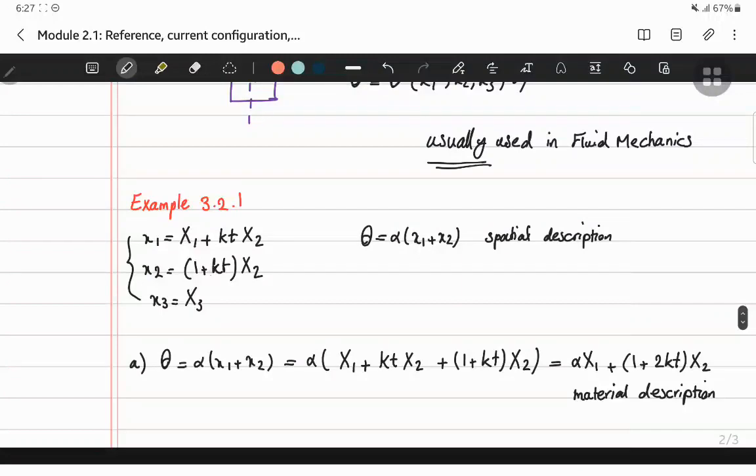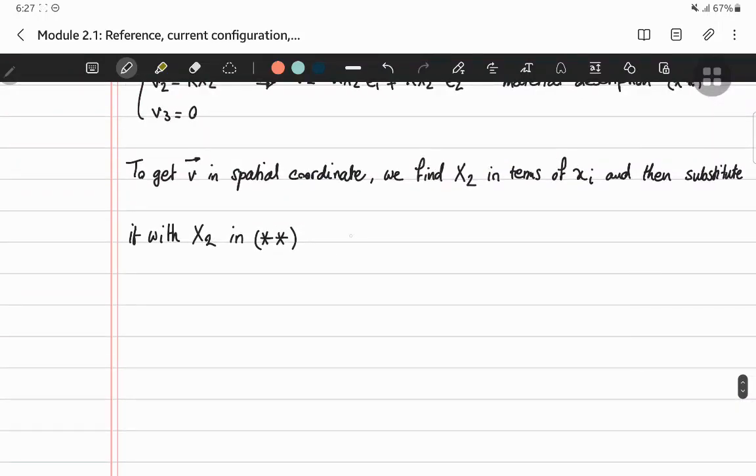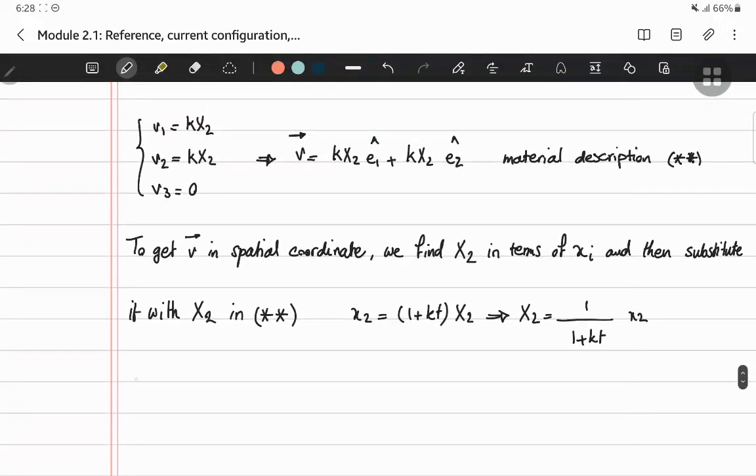So from here, we can calculate capital X2. So it is x2 equal to 1 plus kt, capital X2. Therefore, capital X2 is 1 divided by 1 plus kt, x2. Perfect. And now we replace, so v in the spatial coordinate is k, and instead of this X2 here, we write this.